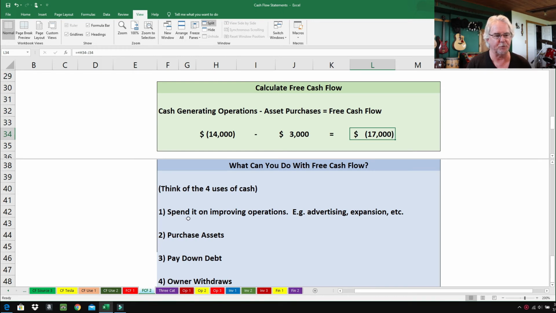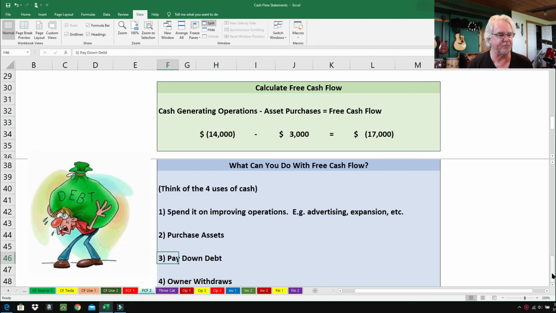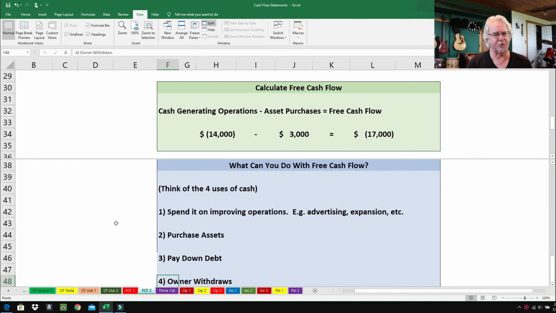He could advertise more. He could hire more workers. He could expand his business. He could add a new product line. The opportunities here are infinite. Number 2, he could purchase more assets, but he doesn't have any free cash flow. He could pay down some more debt if he had free cash flow. And finally, owner withdrawals, he could pay more dividends if he had free cash flow.